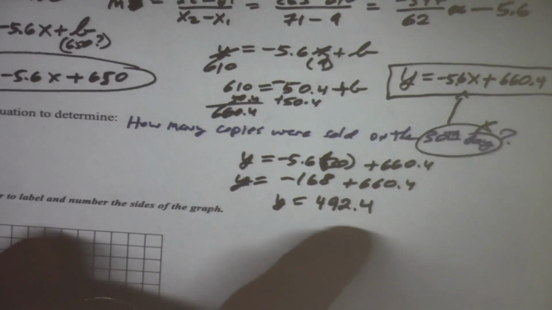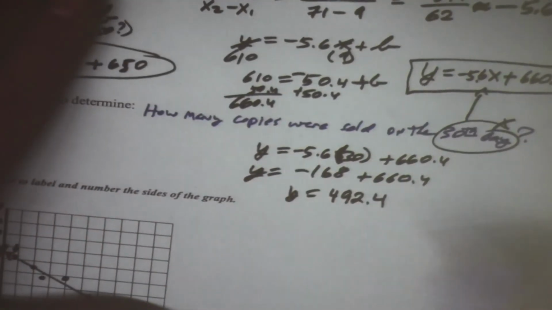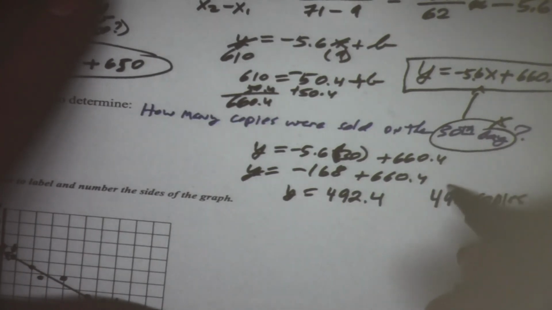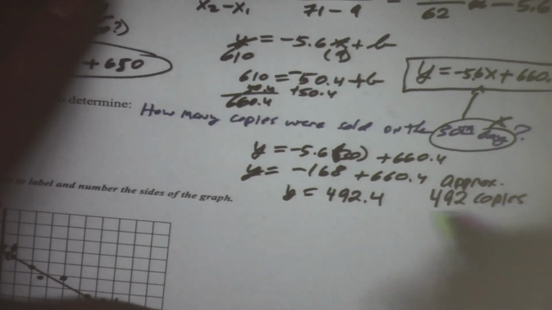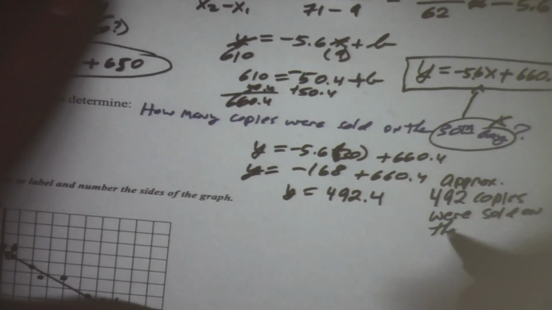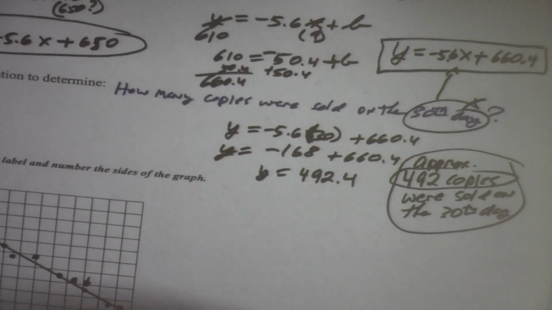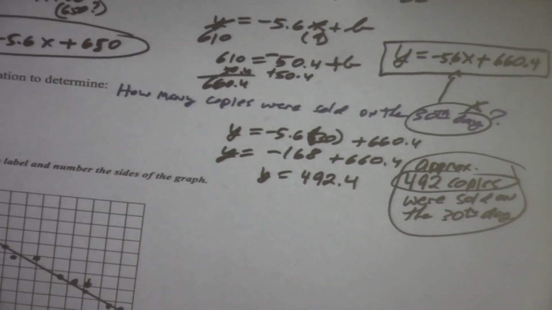But here it's an easier rounding because it would automatically go down. So we would say approximately 492 copies were sold on the 30th day. 492 copies would be a short answer, but this makes a sentence answer.